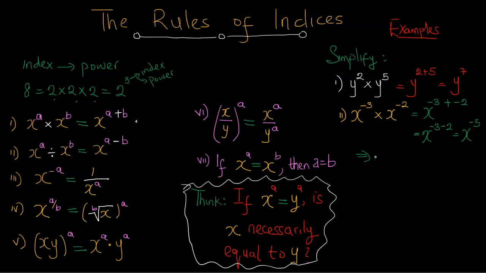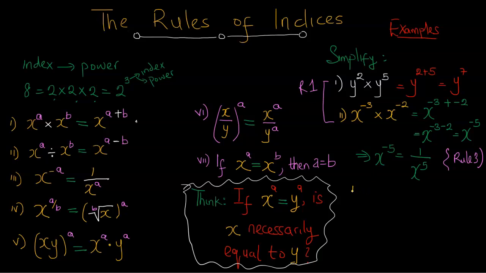Thus, x raised to the power of negative 5 is just going to be 1 divided by x raised to the power of 5. So what I've just used here is rule 3. In the first two instances, I used the first rule.